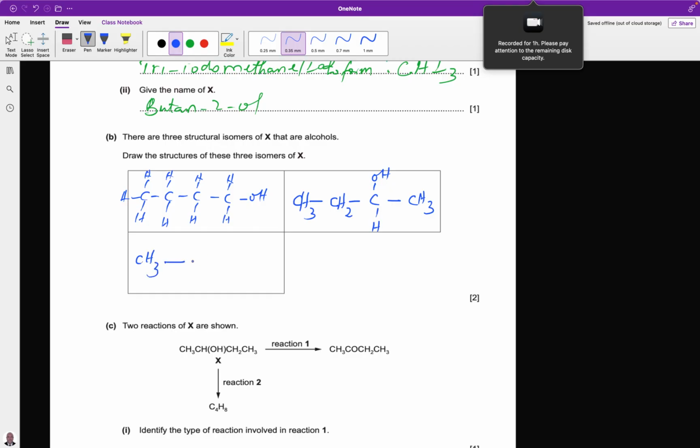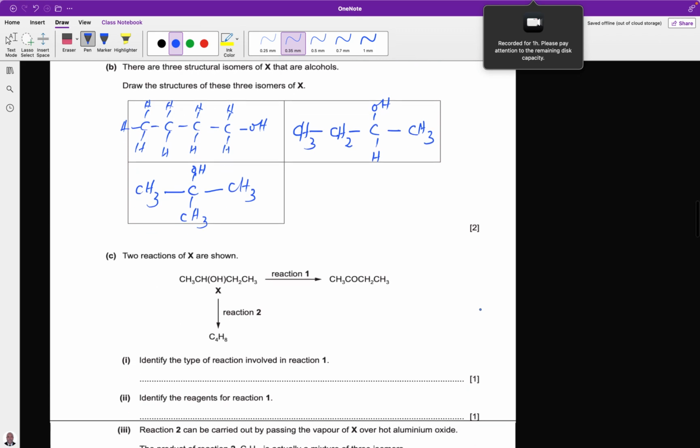It will be like this one. You have this, you have that. That is a tertiary alcohol. So if you draw these structures, you will have your 2 marks.